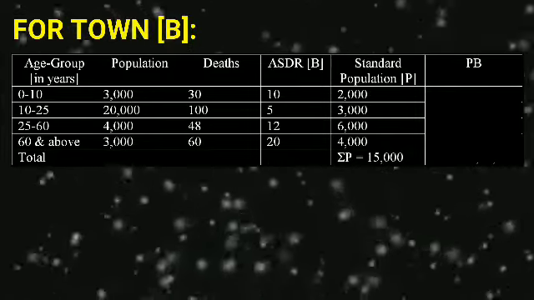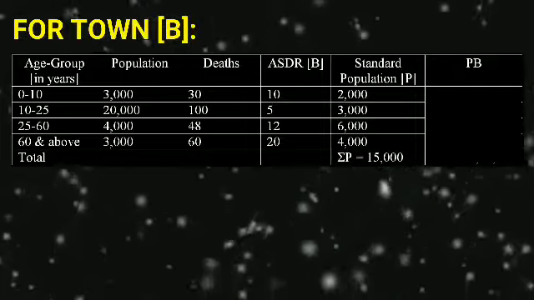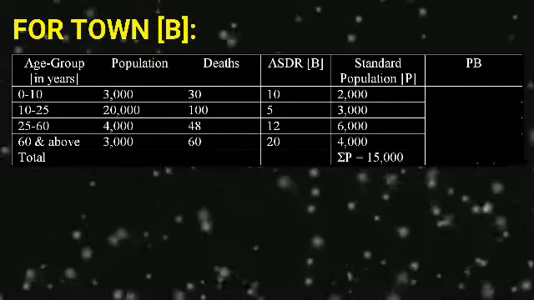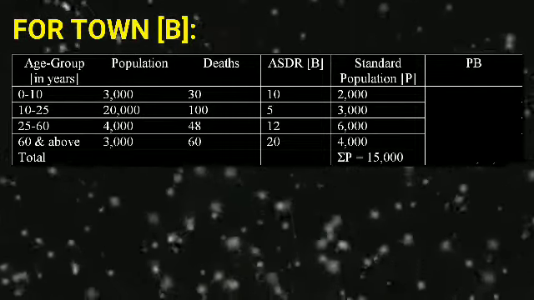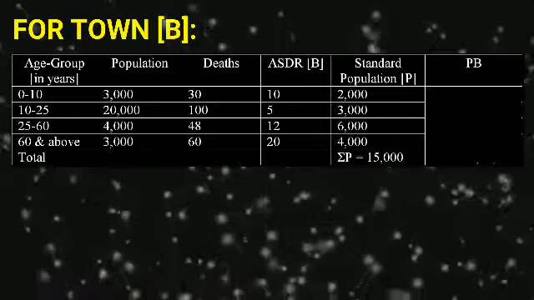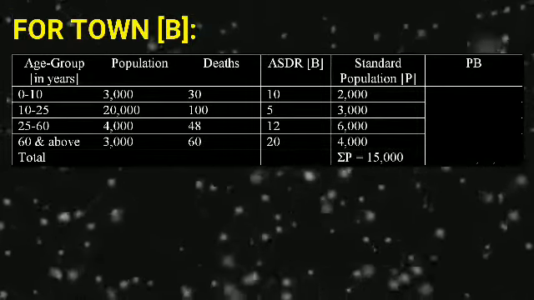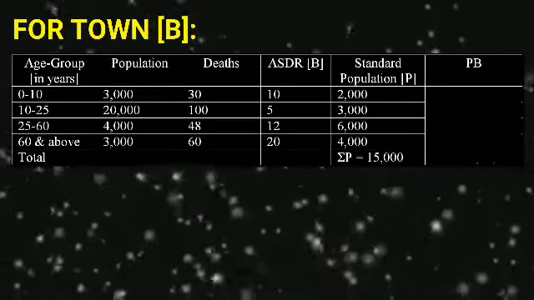In the last column, you should find PB, because for the previous table you found PA, where standard population was multiplied by the respective ASDR of town A. Here you are finding PB, which is standard population multiplied by ASDR of town B. So find PB values, that is P multiplied by B.